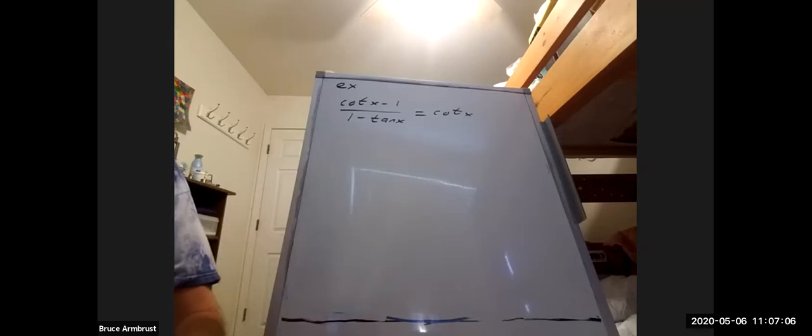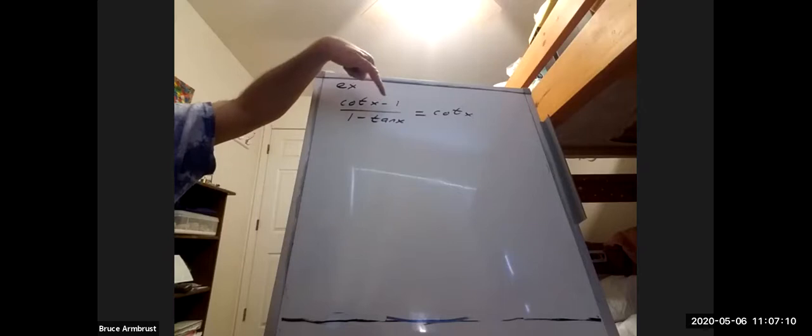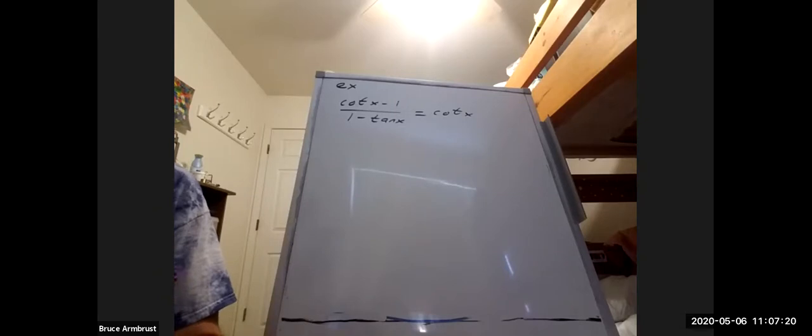So first, just as a justification, you can see why this might be nice. Instead of having this horrible fractional thing with cotangents and all that, we could just rewrite it as cotangent. So that would be very beneficial in the long run.